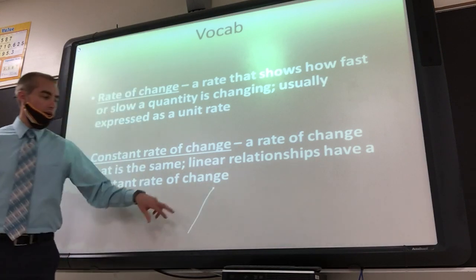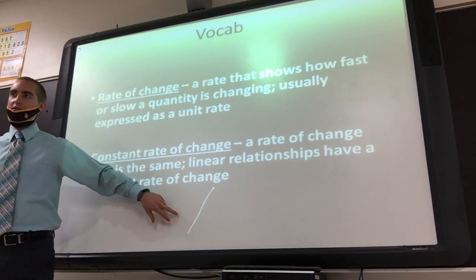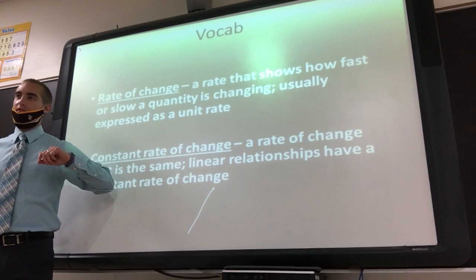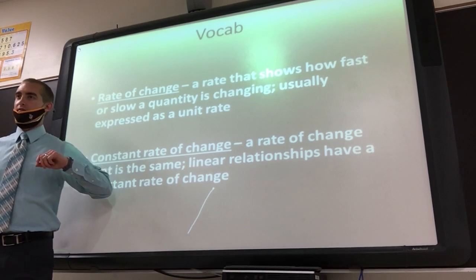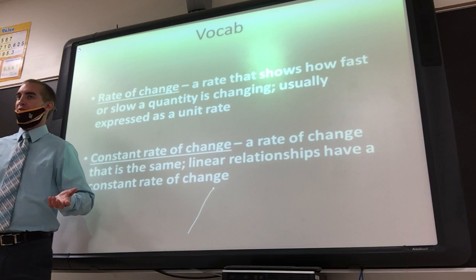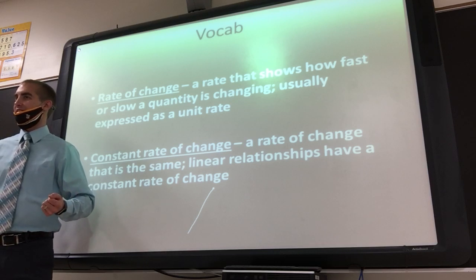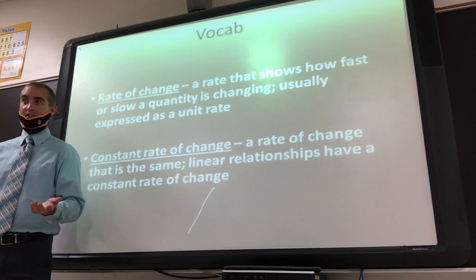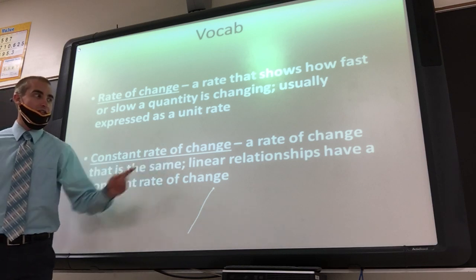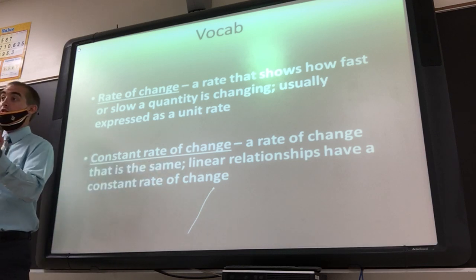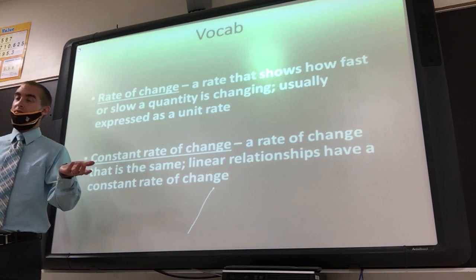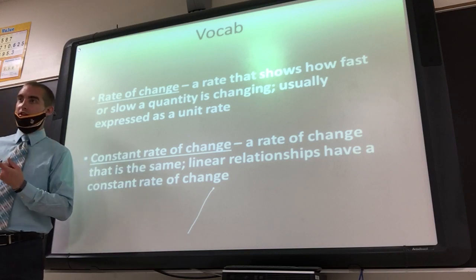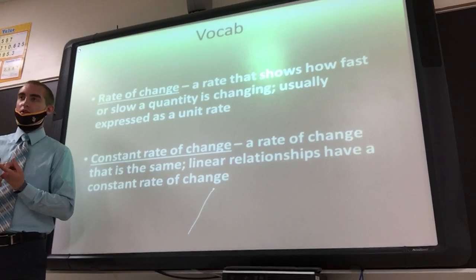So what other type of relationship makes a straight line when you graph it, that we've been talking about for the past 3 weeks? Proportional relationship. So linear relationships have a constant rate of change. So do proportional relationships.